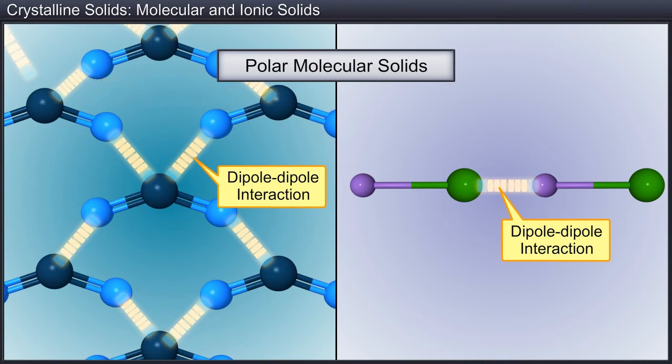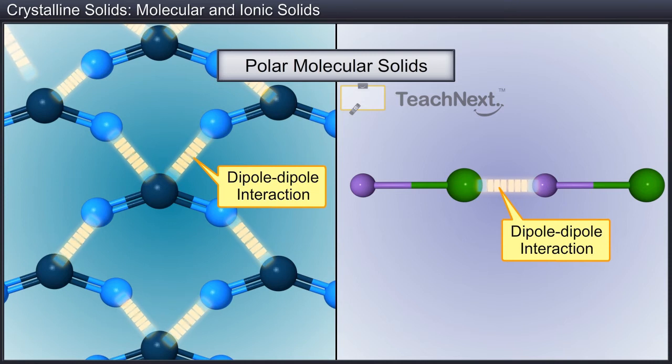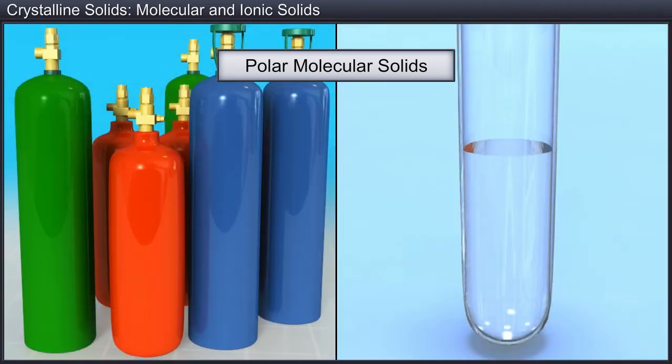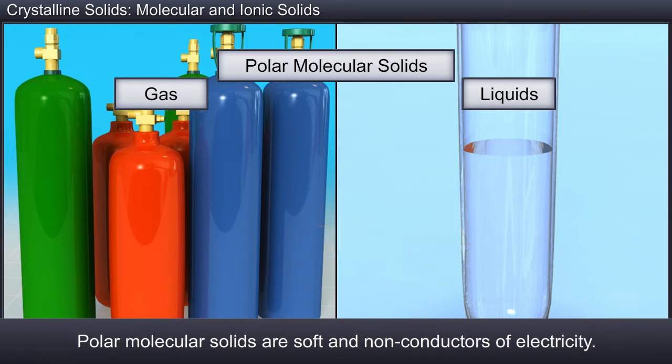As a consequence, these solids have relatively high melting and boiling points. However, these are usually gases or liquids at room temperature and normal atmospheric pressure. Like nonpolar molecular solids, these are also soft and non-conductors of electricity.